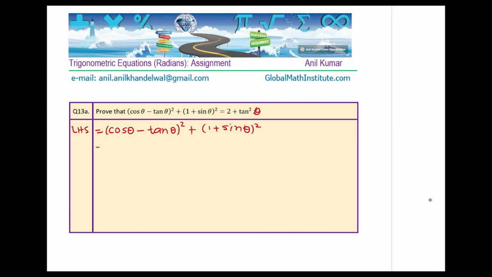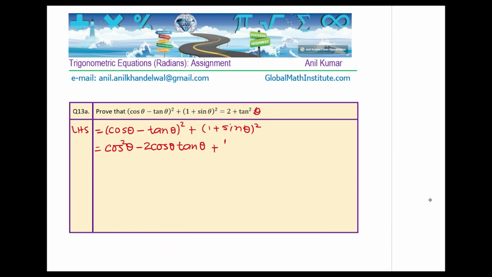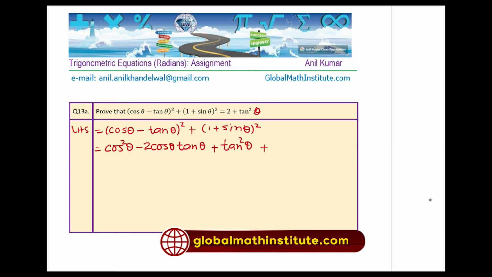We'll expand. So we get cos square theta minus 2 cos theta tan theta plus tan square theta. And the other term will be 1 plus 2 sin theta plus sin square theta.